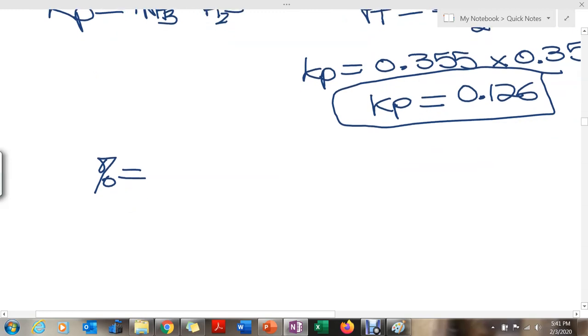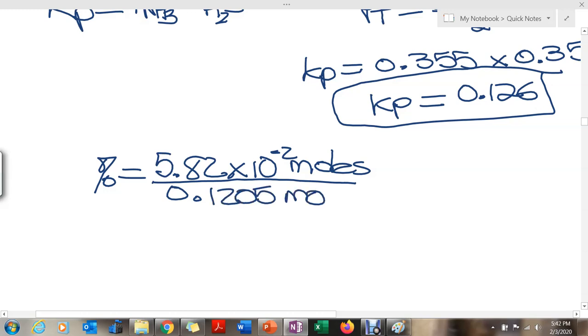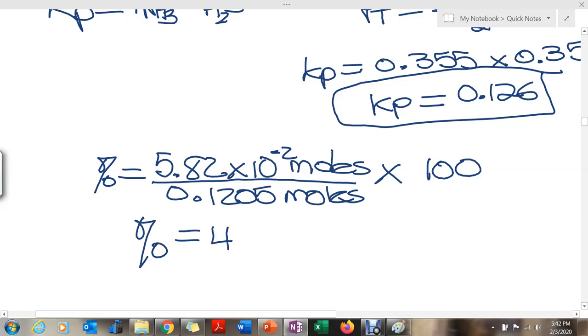You divide it by the total moles, the moles of sample, 0.1205, and then you multiply by 100, that gives you the percentage, and it's finally 48.3%.